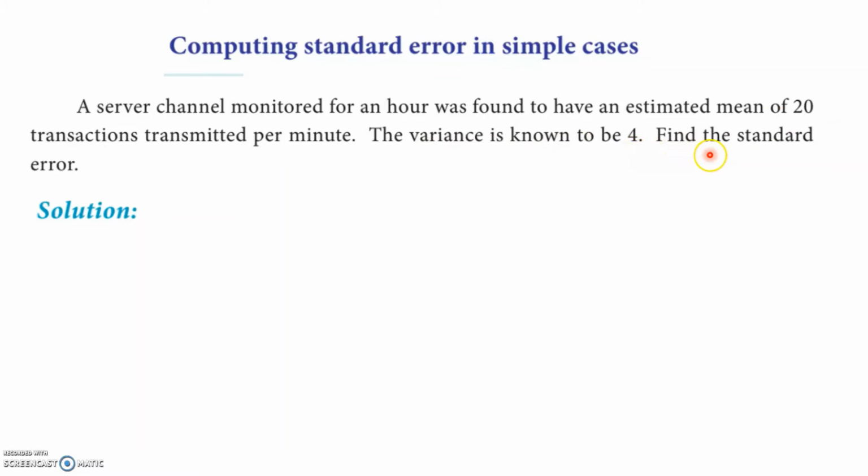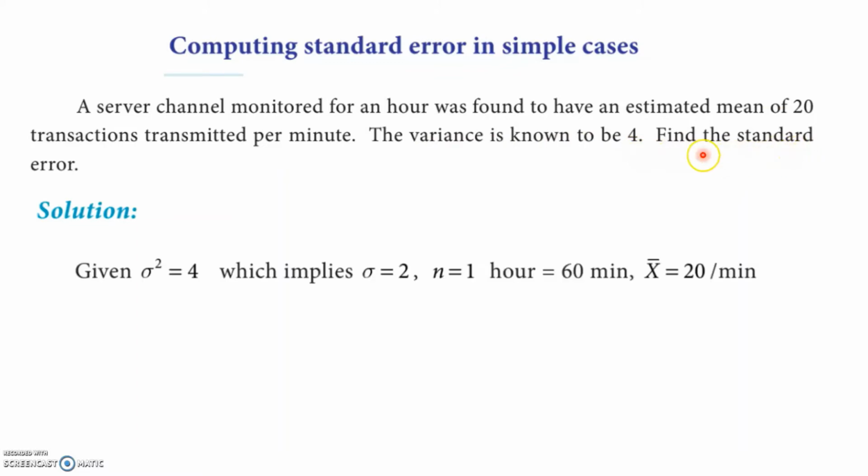All right, so they want us to find the standard error. So let's put them in order. Our variance, which is sigma squared, is 4, and so we can call sigma as 2. Then our n is 1 hour. It was monitored for an hour. And our x bar, which is the estimated mean, is 20. So we know from the formula that the standard error for sample mean is sigma by root n.